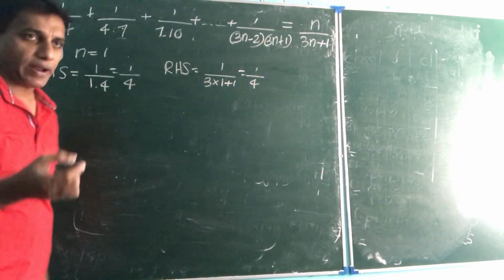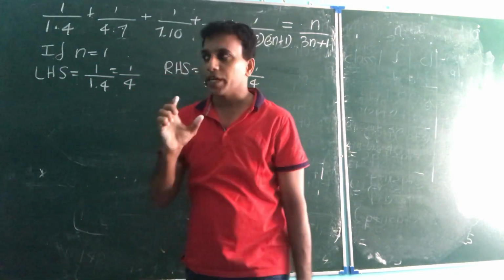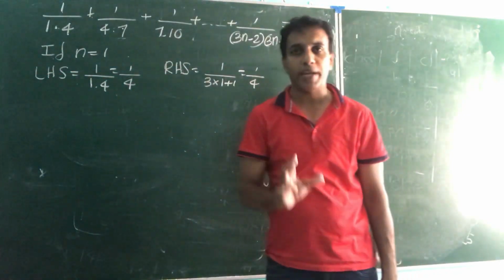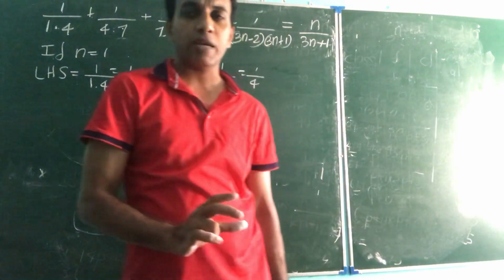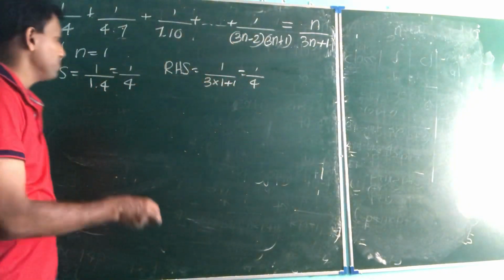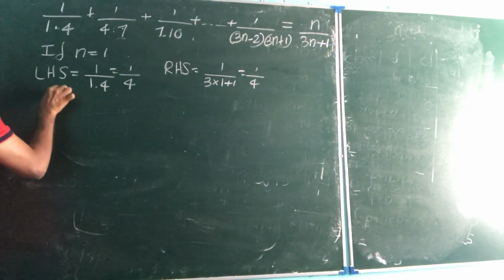Next sentence, assume that the given statement is true for n equal p, right? So if n equal p, true assumption.